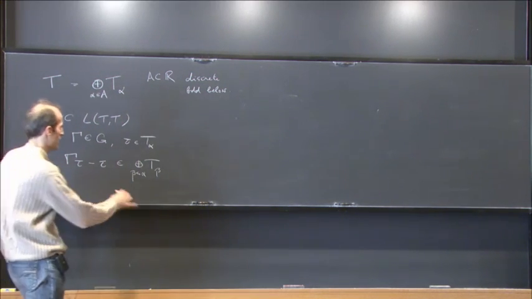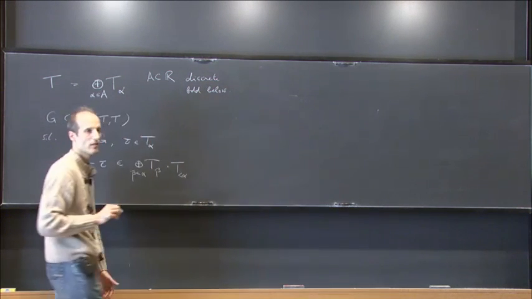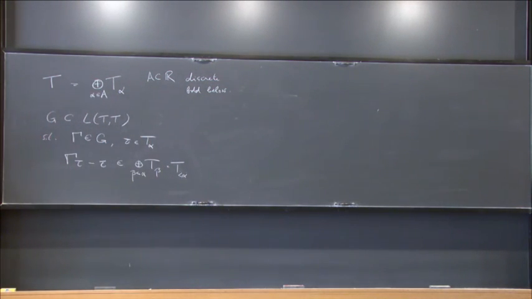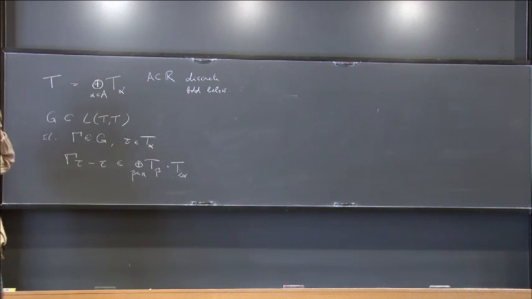Okay? So let's call this T less than alpha. Okay, so that's natural notation. And okay, so now this piece of data is what I call a regularity structure.